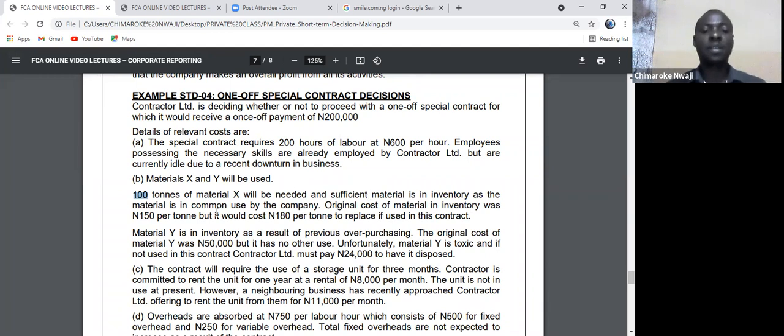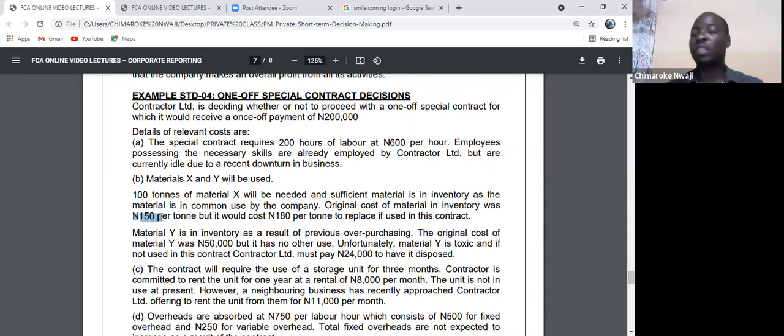But there's another thing. It is in common use by the company. So it means that if it is in common use by the company, the company will need it. So you are not taking 100 tons to do a special contract. Why not go and buy what you need for that special contract and leave what the company will commonly use? So it means that if you are taking what the company will use, you must replace it. So the original cost of material in inventory was 150.